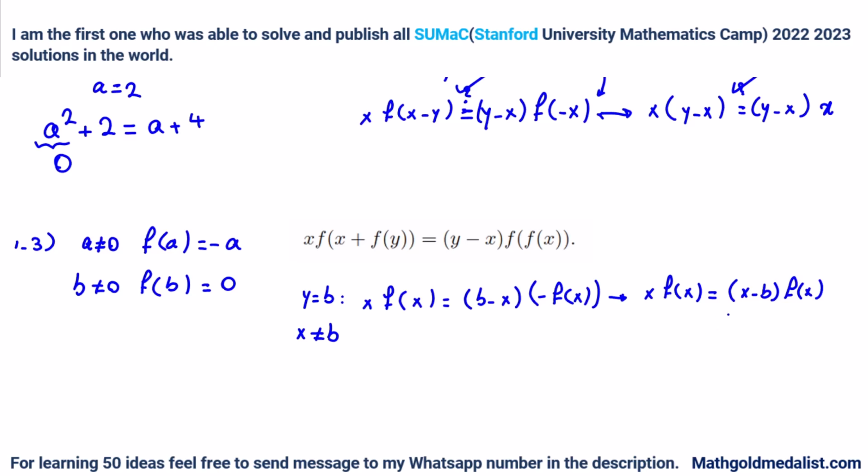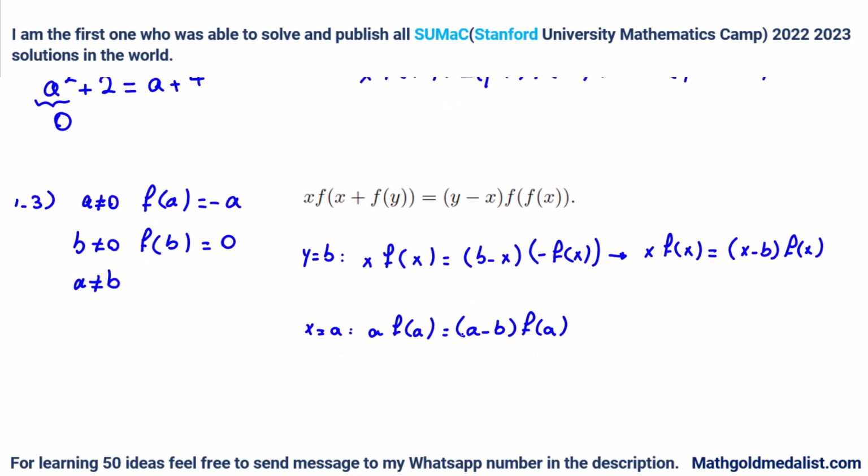If we want to say f of x is not equal to 0, we can replace x with a, okay? Here a is not b, two different values. If we replace x with a, then a times f of a is equal to a minus b times f of a, right?